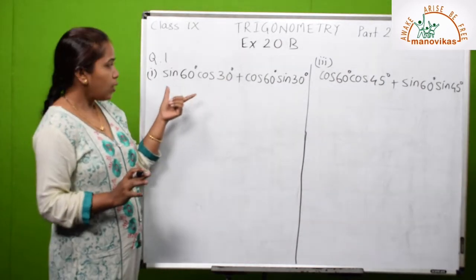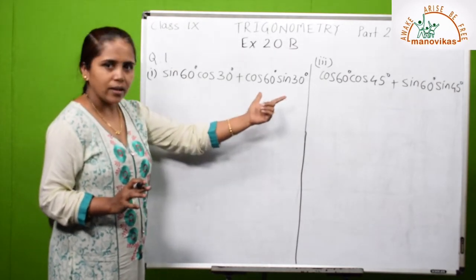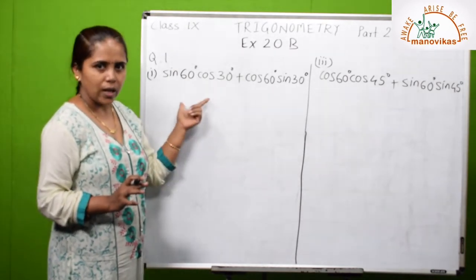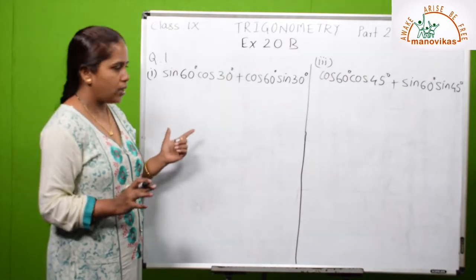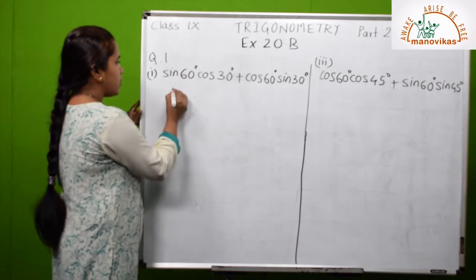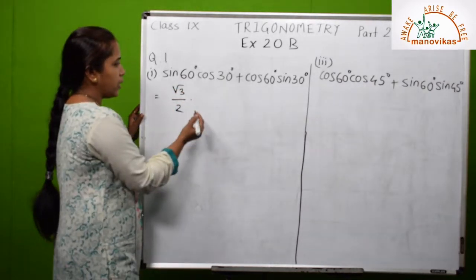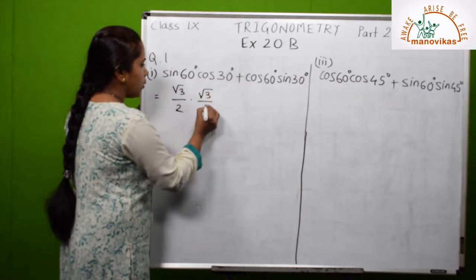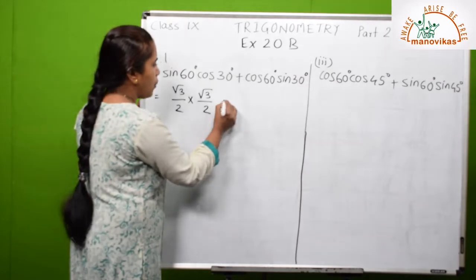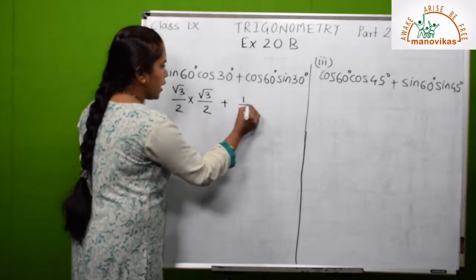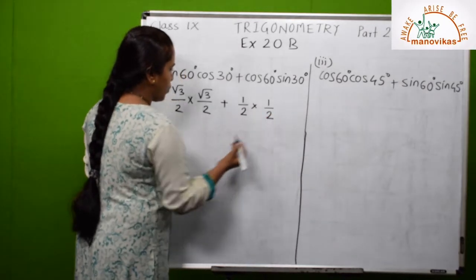Now we know the sin 60, cos 30, cos 60 and sin 30 values. Substitute according to the table and simplify it. Sin 60 is root 3 by 2. Cos 30 is also root 3 by 2. So root 3 by 2 into root 3 by 2 plus cos 60 is 1 upon 2 and sin 30 is 1 upon 2.